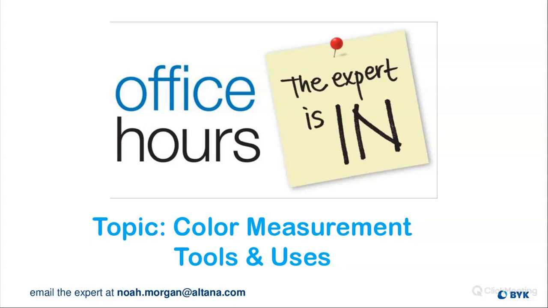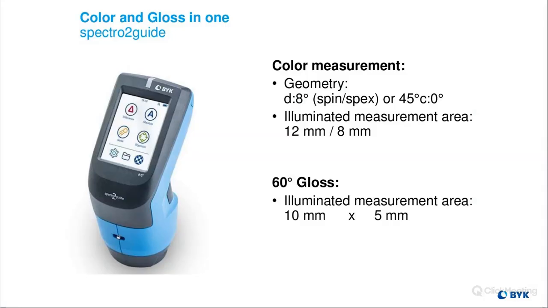First off, and I believe this is referring to the Spectro 2 guide that you first talked about: apertures, are they interchangeable? What are the sizes that we have available? So for the Spectro 2 guide, they're not interchangeable, but they do come in, let's see, we can bring it up.